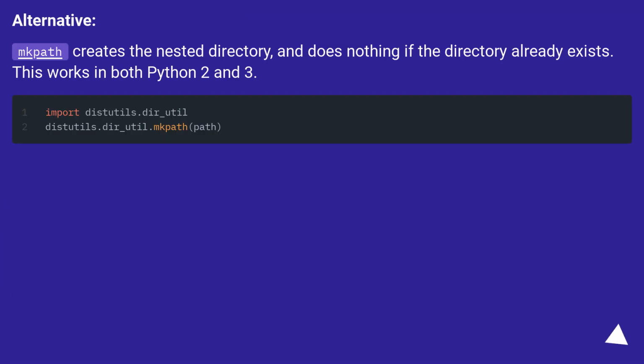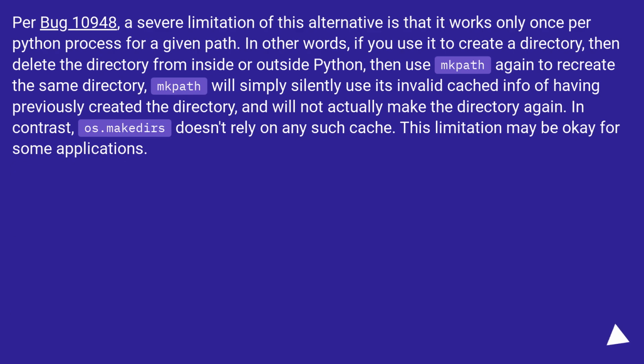Alternative. mkpath creates the nested directory, and does nothing if the directory already exists. This works in both Python 2 and 3. For bug 10948, a severe limitation of this alternative is that it works only once per Python process for a given path.